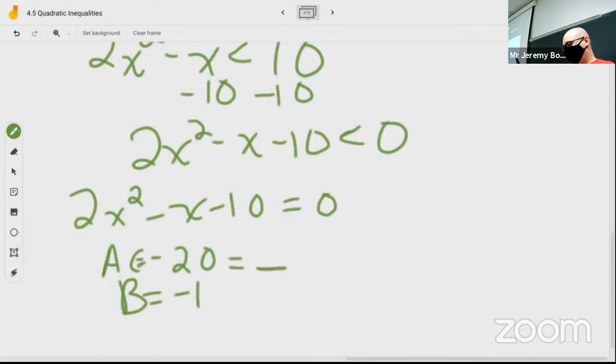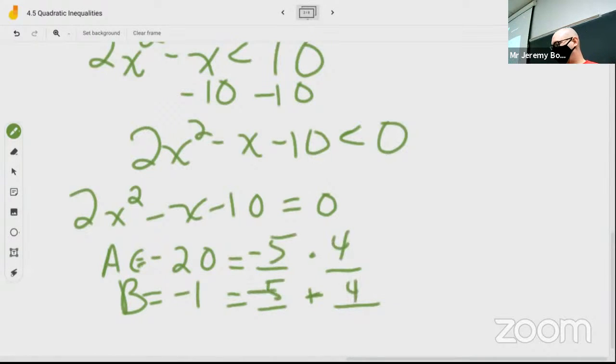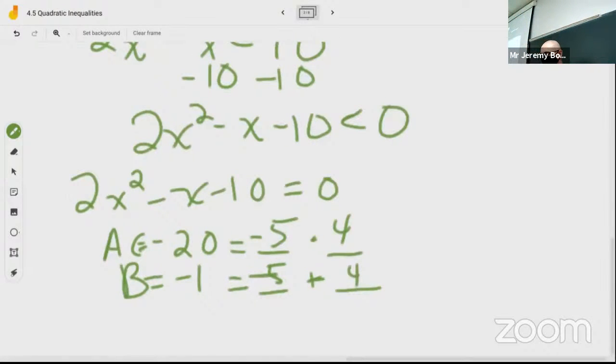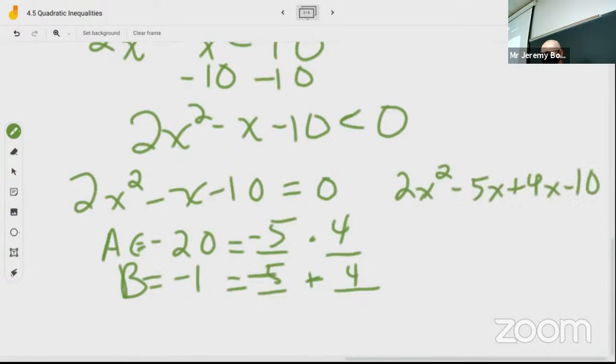And so we want things that multiply to be negative 20 and add to be negative 1. 5 and 4 are my guesses, and negative 5. And so since the A value is not 1 here, we are going to have to do the rest of this. So we're going to write it as 2x squared minus 5x plus 4x minus 10, equal to 0.